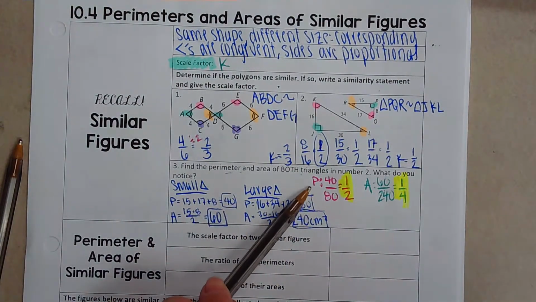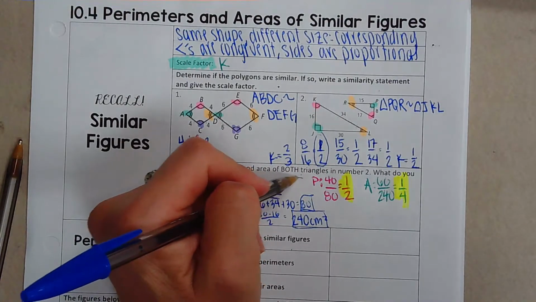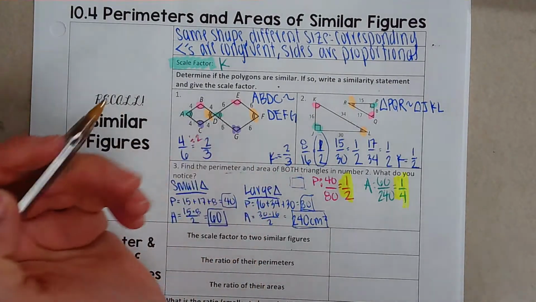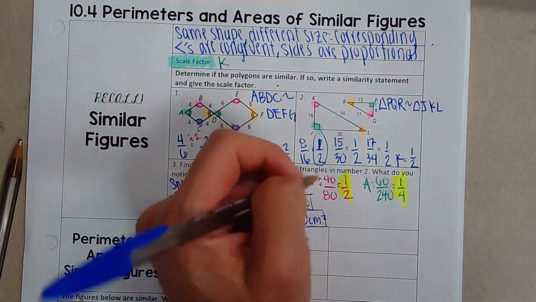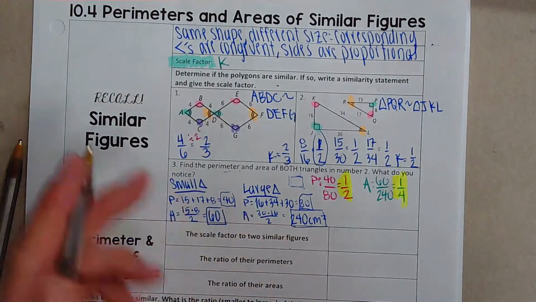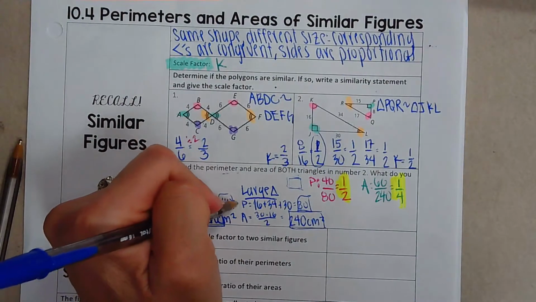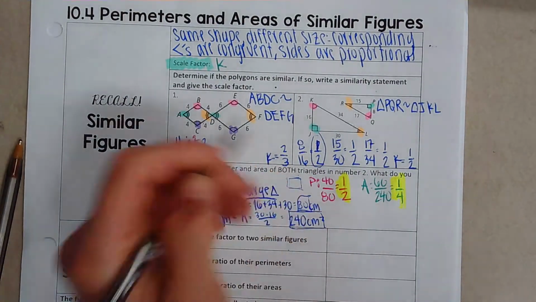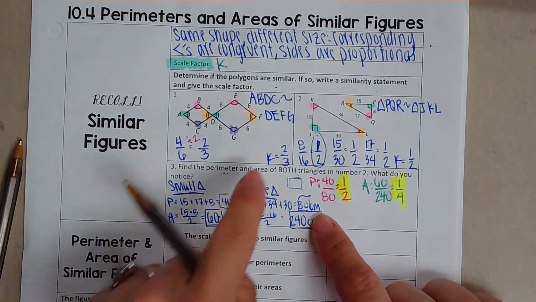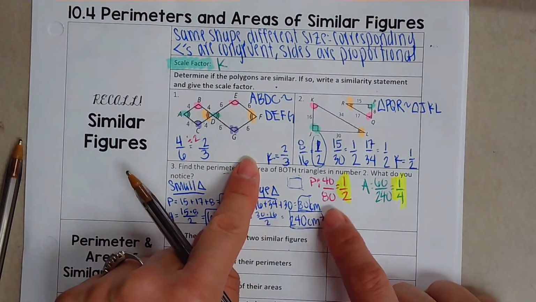When you think about perimeter, remember, you're just adding up all the sides, right? And let's say we were to write it in terms of centimeters. This is centimeters squared. This is just centimeters, just one dimension all the way around.